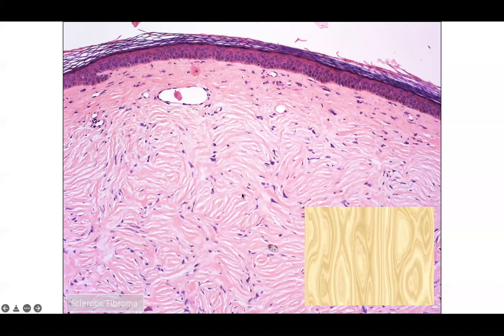It's almost like little slit-like spaces within a little nodule of collagen. So if you see an area that's pretty acellular and you've got these slit-like spaces and it's surrounded by the fibroblasts, just holistically as a gestalt, you should be thinking about a sclerotic fibroma here. And patients with Cowden syndrome are going to make a lot of these sclerotic fibromas.